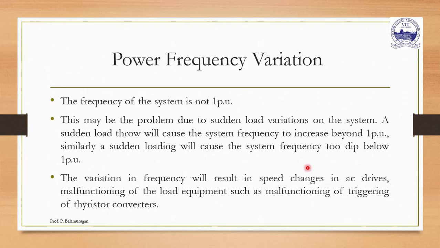Or if a large load is switched into the system, this will cause a sudden dip in the voltage due to armature reaction, and this will slow down the alternator and hence the turbine, and this will result in a frequency less than 1 per unit.